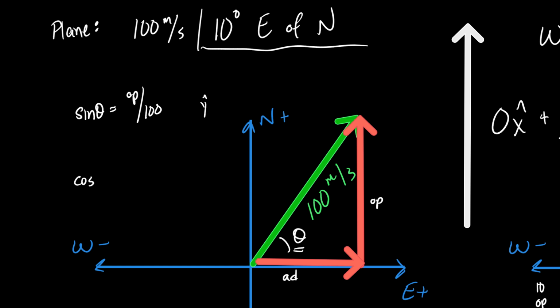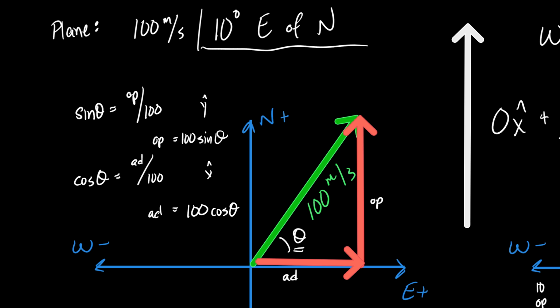And cosine of theta is adjacent over 100, and that seems to be the one in the x direction. So the adjacent one will be 100 cosine theta, and the opposite one will be 100 sine theta.